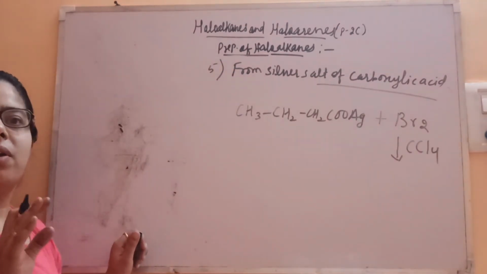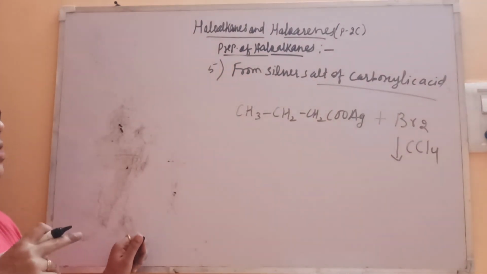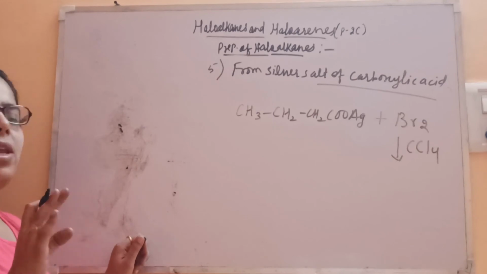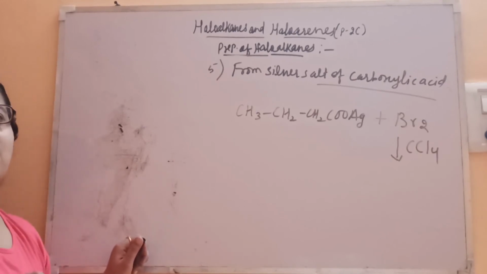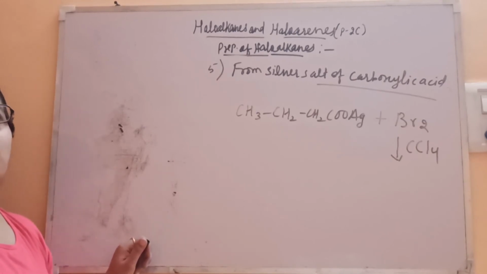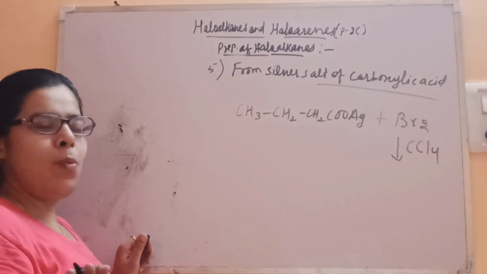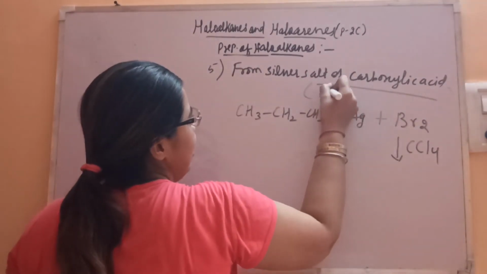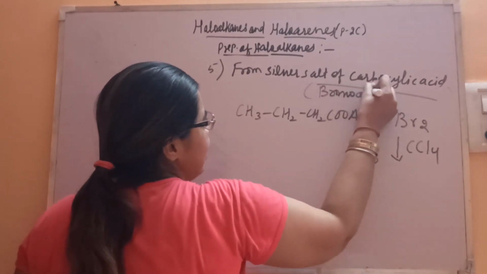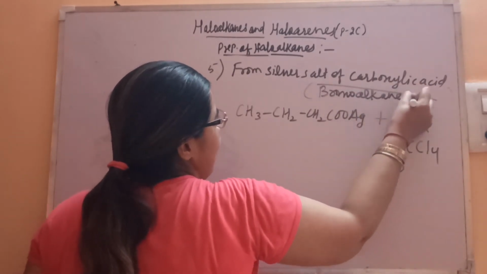We have to reflux in the presence of CCl4, and this happens only in the case of bromine, because the other products are not that stable. If we want to prepare chloroalkanes and iodoalkanes, they are not stable. So that's why only bromoalkanes can be prepared. So you can write here, only bromoalkanes can be prepared by this method.